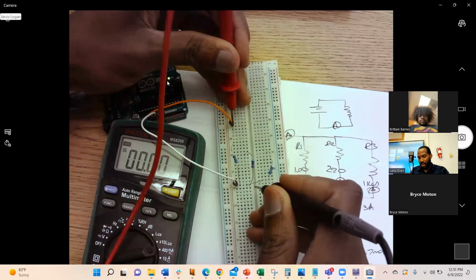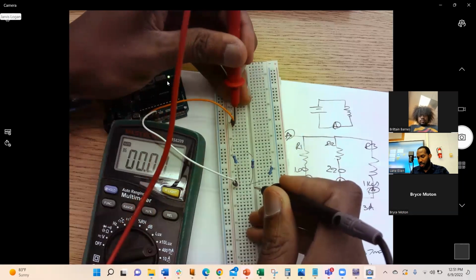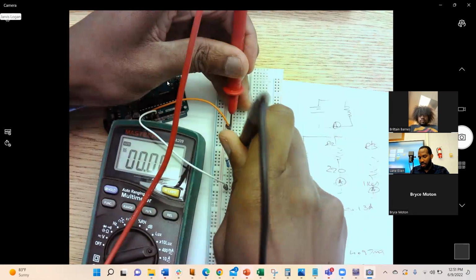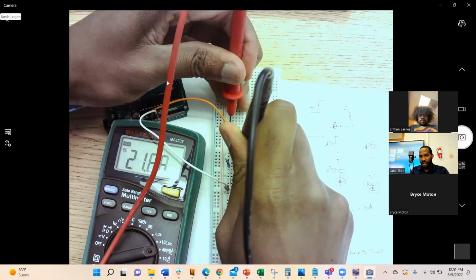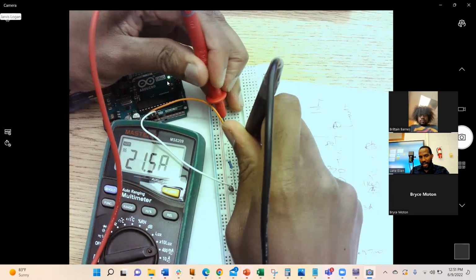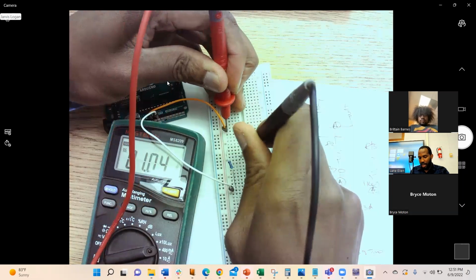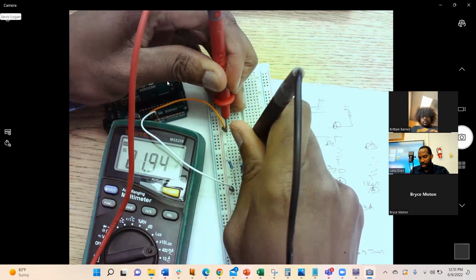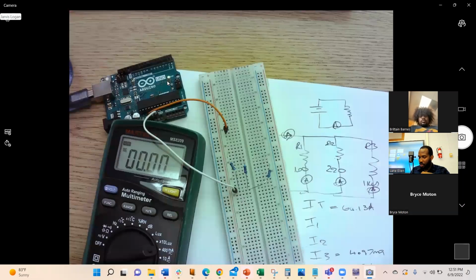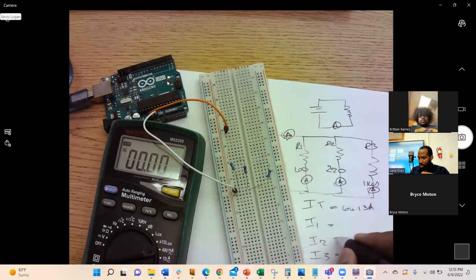So again, I put my lead on this positive pin and on this resistor. So this is our R2. See, the current is 21.9. Okay, let's make sure we have some good contact. 21.96 milliamps. So I2, 21.96 milliamps.